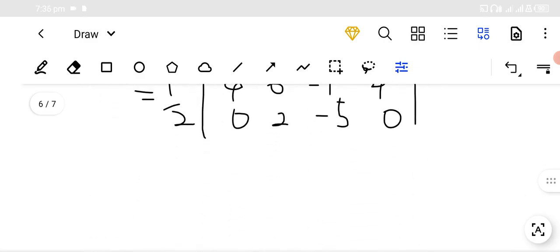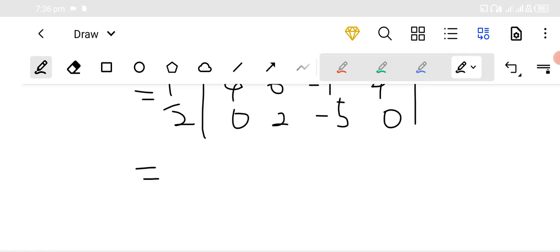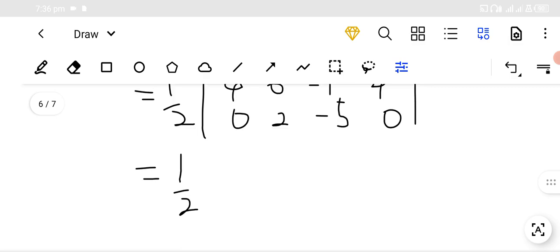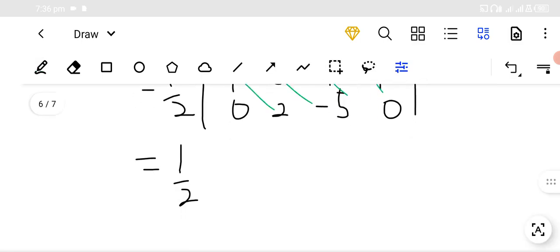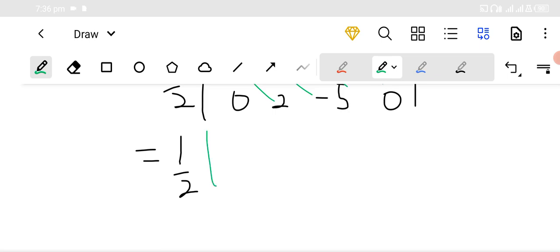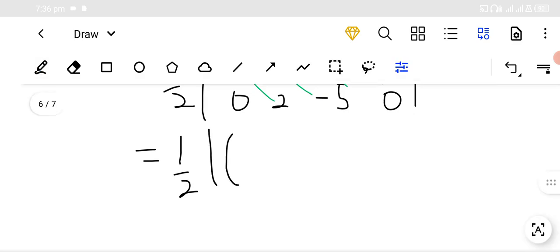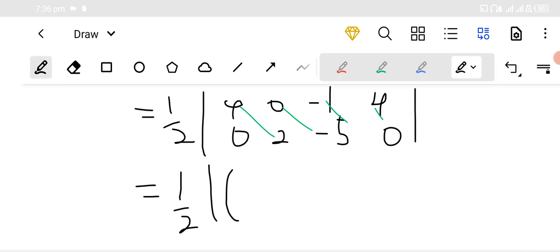Then you start multiplying diagonals. It is equal to 1 over 2. So we start multiplying across. We're going to have 4 times 2 is 8. 0 times negative 5 is 0.